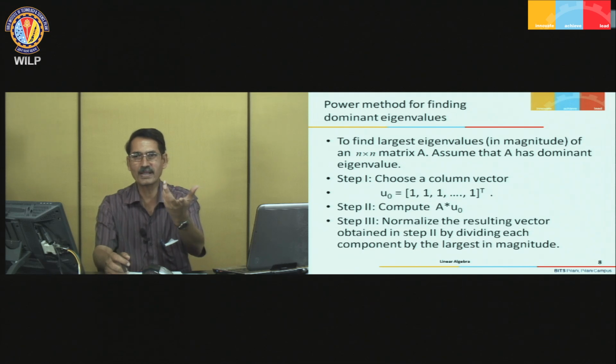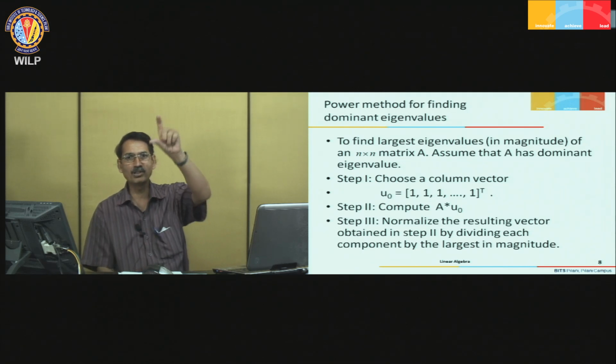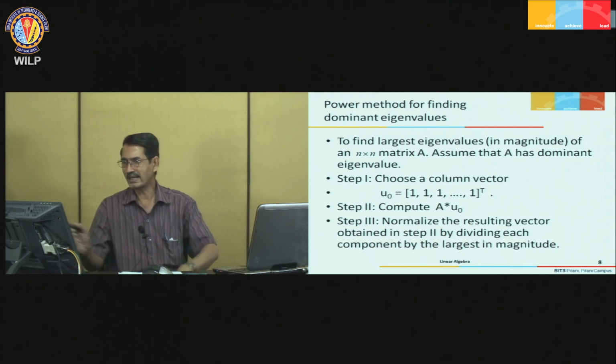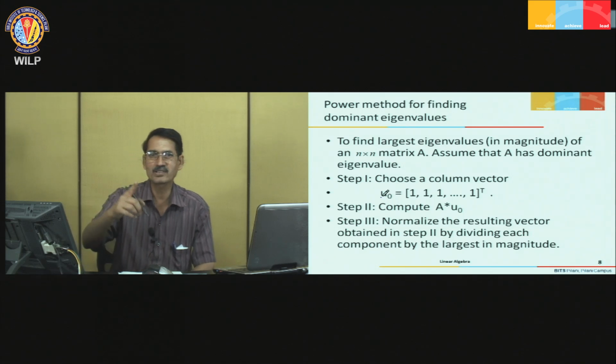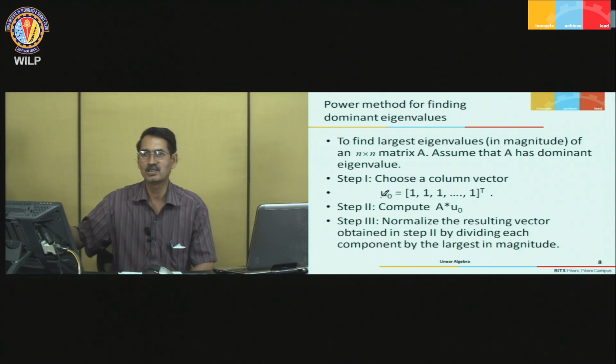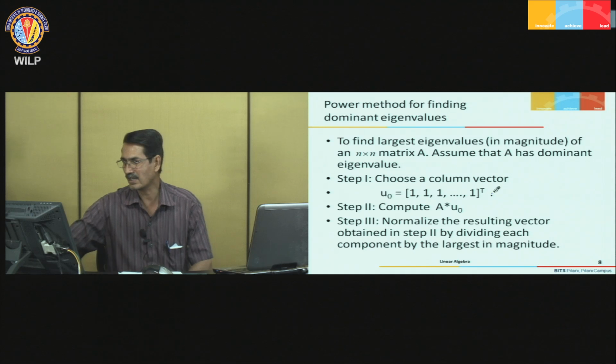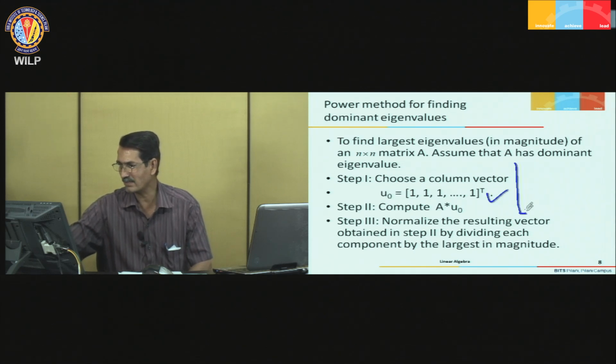A column vector is a column matrix, which means a matrix having only one column. So, choose a column vector U0, which is always 1, 1, 1, and so on up to 1.